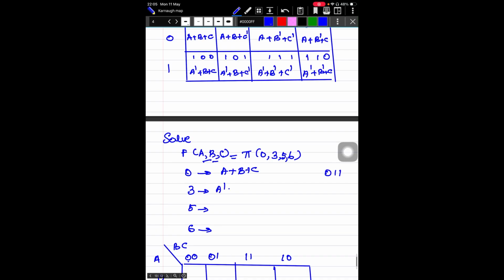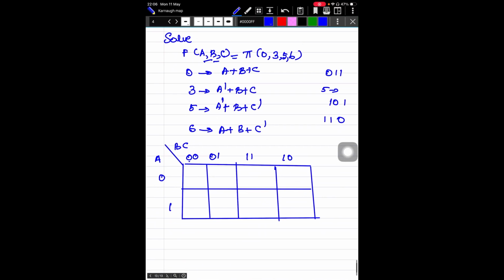So it will be A plus B dash plus C dash. What is 5? 5 is 1, 0, 1. Sorry, I made a mistake earlier. 1 will be taken as a dash, so A dash plus B plus C dash. And what will be 6? 6 is 1, 1, 0. 1, 1, 0 is A dash plus B dash plus C, right?